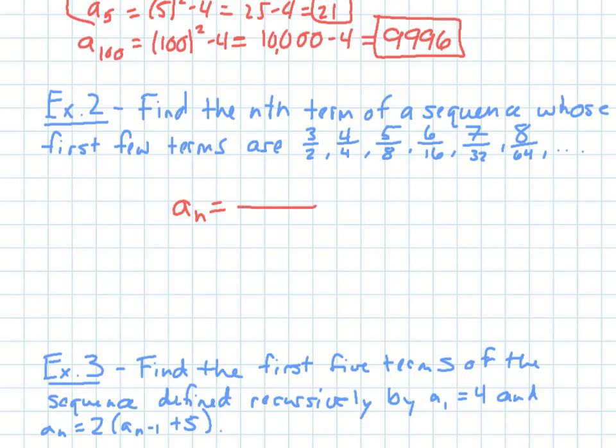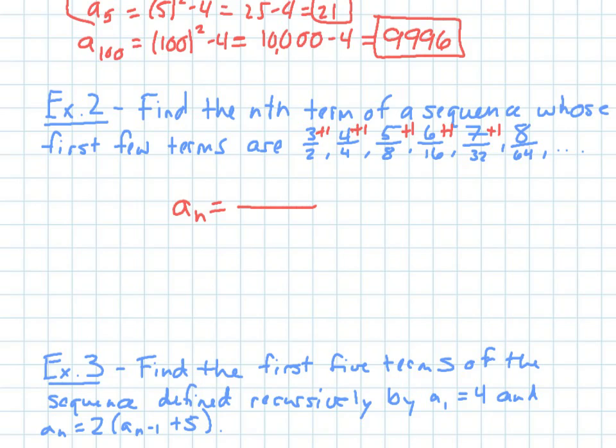So for this one, looking at the top, you have 3, 4, 5, 6, 7, 8. So you're kind of just adding 1 every time to get to the next one. So if that's just the pattern and you start with the value, so let's say if you were to plug in 1, how would you get to 3?